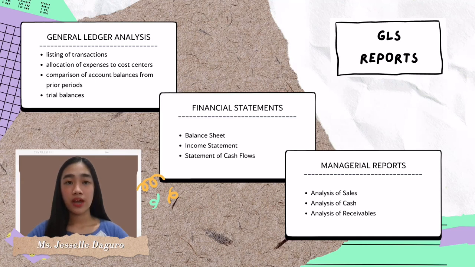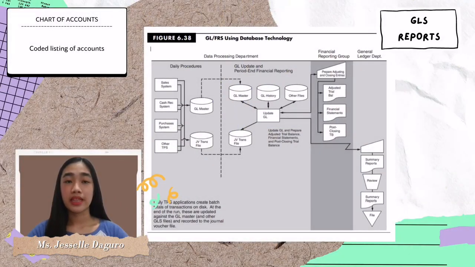Then we could also have the managerial reports, which are our management reports, such as the analysis of sales, of cash, of receivables, and other needed reports by the management. And lastly, the chart of accounts can also be derived from the general ledger system, wherein it is presented as a coded listing of the accounts. Aside from being included in the reports, the chart of accounts is also one of our inputs in the general ledger system.